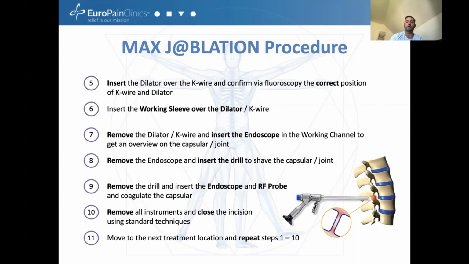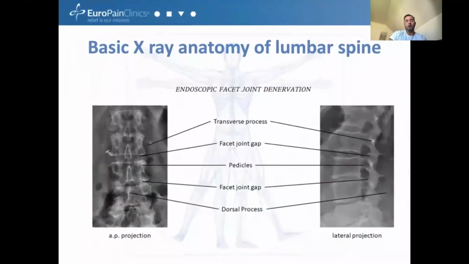And after shaving of the tissue, you go back with the endoscope and you just take away the rest of the tissue and you do the final RF treatment, application of the heat. When you do this and you see that everything looks like it's supposed to look, you're just finishing the procedure, and you need to do a minimum 2.